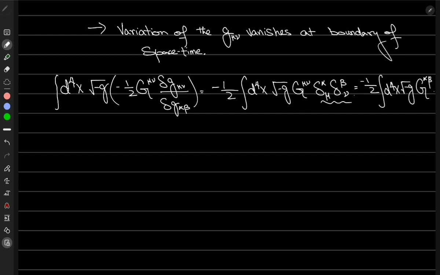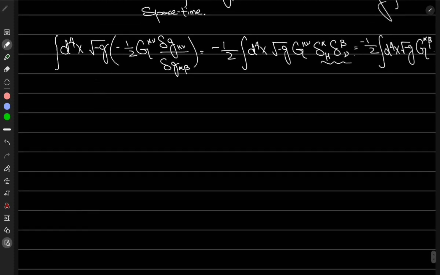All right. So now what I'm going to do is I'm going to substitute all of this back in this equation that I wrote down. So I'll write it down again, delta S over delta g mu nu, and this is equal to 0, right? So I'm just going to put this back into this equation.